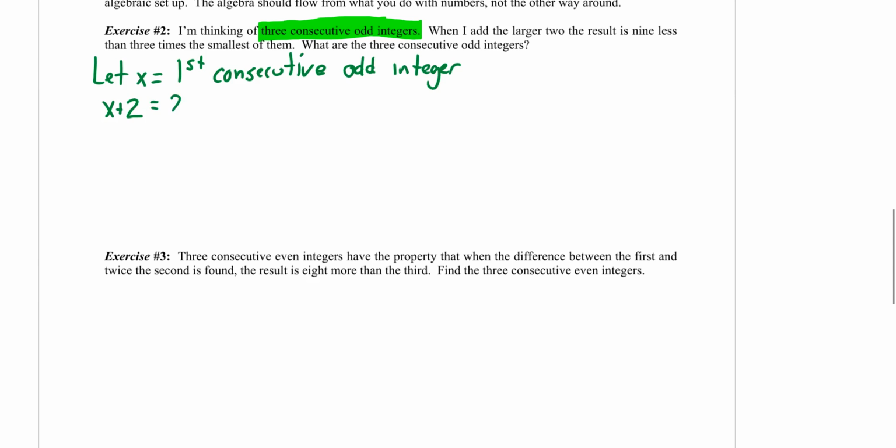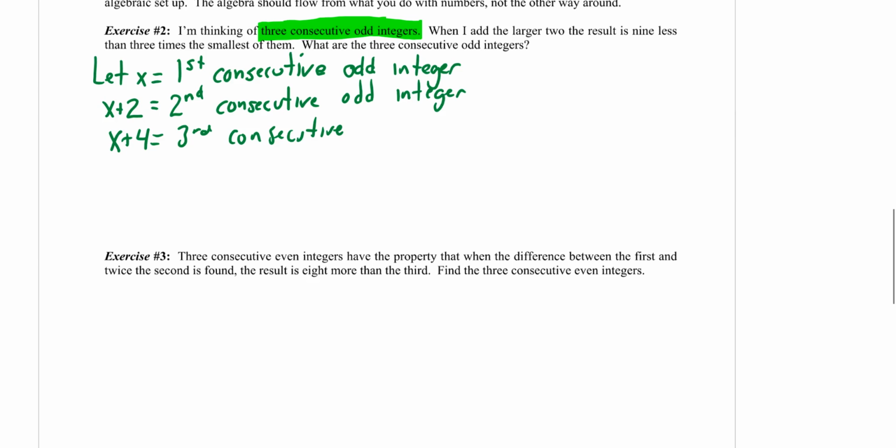The third one is x plus 4. And that's going to be my second consecutive. And then x plus 4. Yep. The third one is alone.